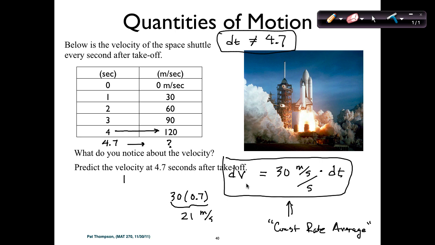Yep, so take 30 times the change of 0.7, you get a change in speed of 21, and then what do we do? Yeah, so that's the change since 4, so then we're going to add it to 120. So we're going to do 120 plus 30 times 0.7, and we get 141. Look familiar? Look like anything we've done? What is that like?